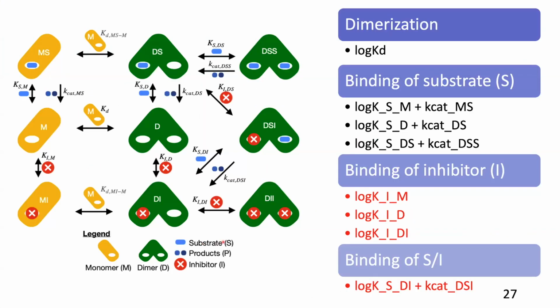When we consider multiple inhibitors, we would have unique values of parameters that relate to the binding of each inhibitor and of the interaction between the substrate and inhibitor. These would be distinct, whereas these parameters would be shared across all the different data.